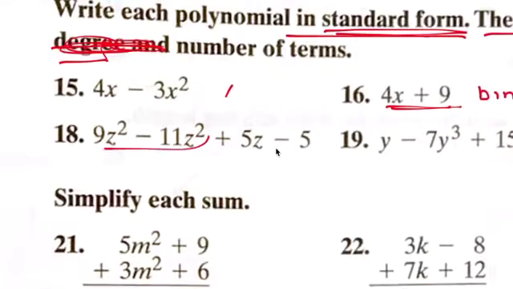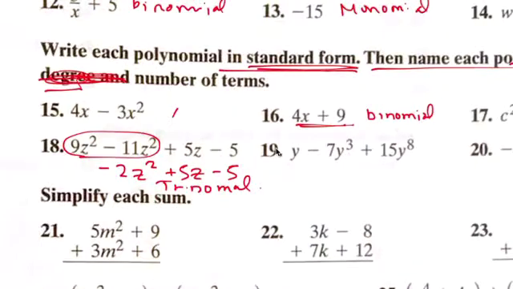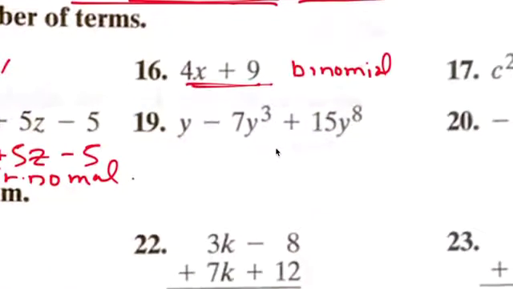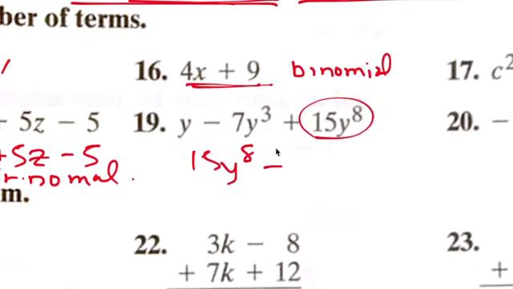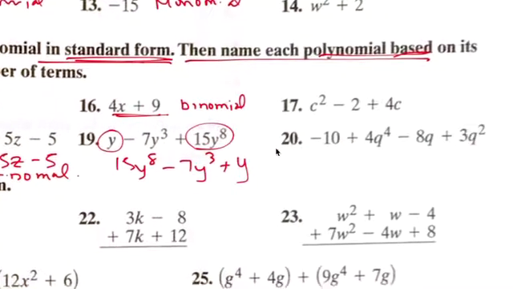This one, you can combine these two together, negative 2z to the second plus 5z minus 5, and this is called a trinomial. That one, this one comes first, 15y to the 8th minus 7y to the 3rd plus, that's a positive y, so oh, well, you didn't have to do that, you do 20.